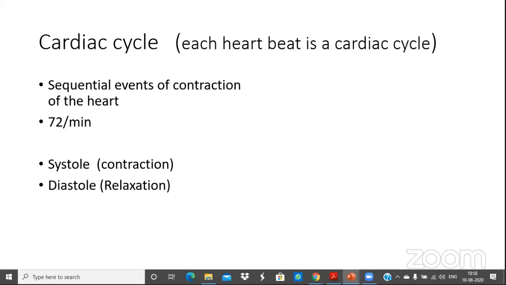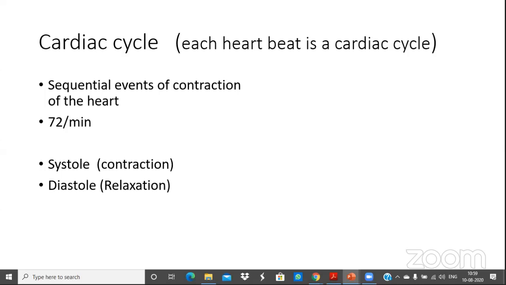So what is the cardiac cycle? As a definition: sequential events of contraction of the heart and relaxation of the heart. One contraction and relaxation together are called sequential events. The blood pumps out from the heart, but this happens by sequential contraction and relaxation movements.